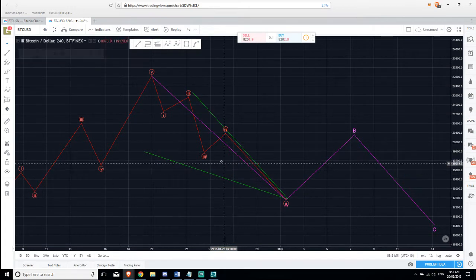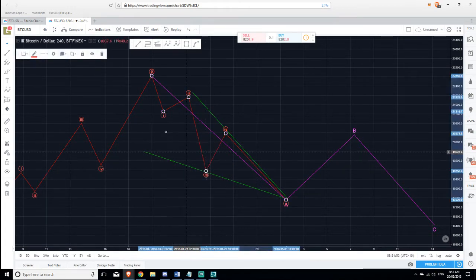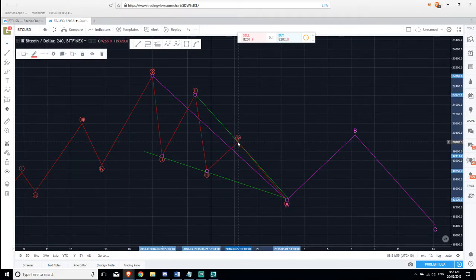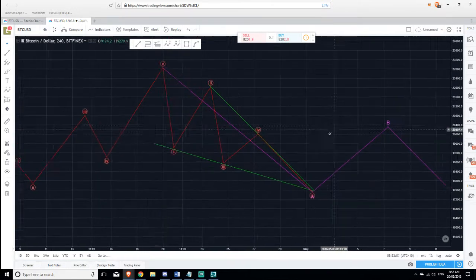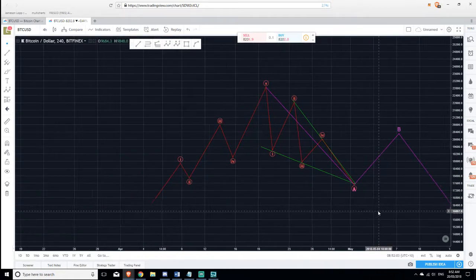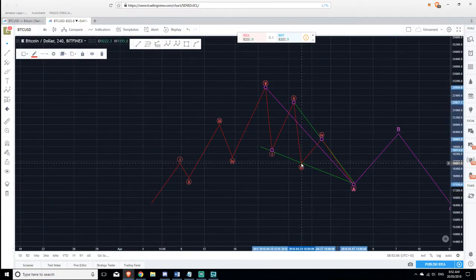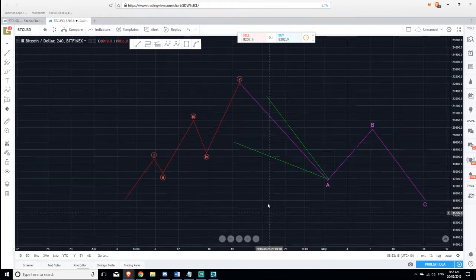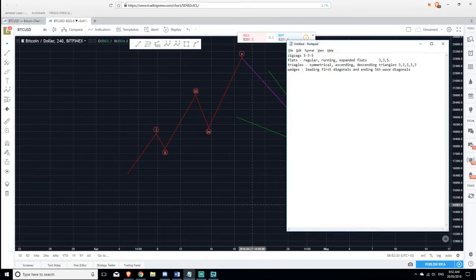I'm not comfortable with doing a leading first in the bearish sense. I don't think I've ever seen a leading first wave going in the bearish direction, only in the bullish direction. So I would just say ending fifth waves and leading first waves in bullish movements.